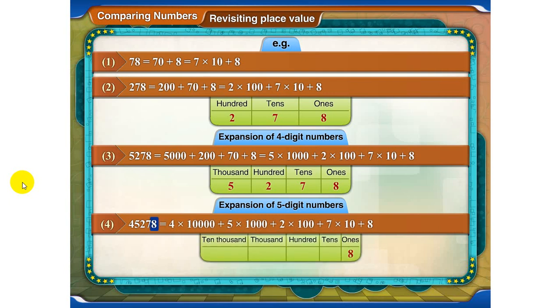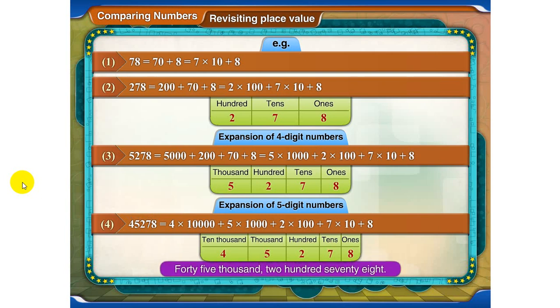Here, 8 is at 1's place, 7 is at 10's place, 2 is at 100's place, 5 is at 1,000's place, and 4 is at 10,000's place. The number is read as 45,278.